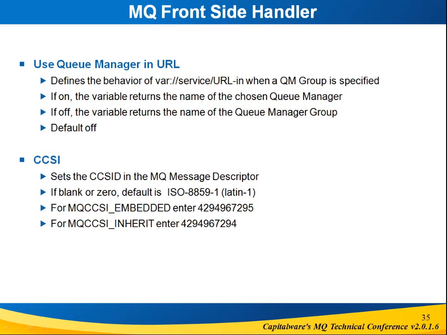So you can set this to any value you want in order to construct a message in some other format and send it through the current queue manager to some other destination queue manager. You can also include other values to simulate the MQCCSID embedded or MQCCSID inherit values, as you can see shown here.